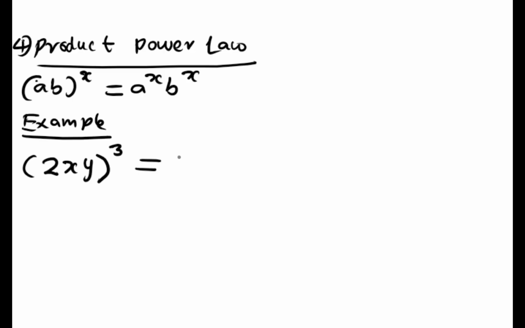So we have 2 raised to the power of 3, x raised to the power of 3, then y raised to the power of 3. And 2 raised to the power of 3 is 2 times 2 times 2, which gives us 8. So we'll have 8x raised to the power of 3, y raised to the power of 3.